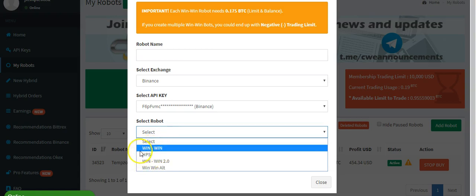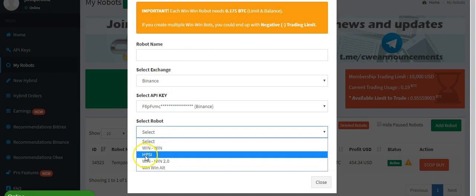What this bot will do, the WinWin, is, so you put 2,000 into it, it'll trade $200 worth of it, and then it'll close that trade before it makes a new trade. And then the next trade it'll trade 350, and then it'll wait to close that trade before it opens a new one.